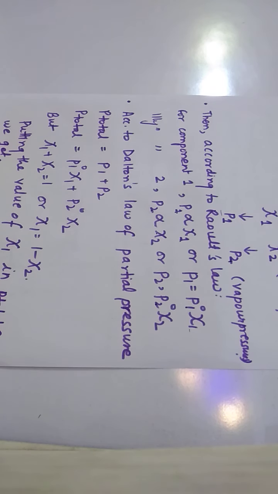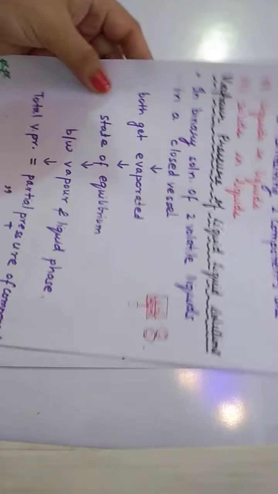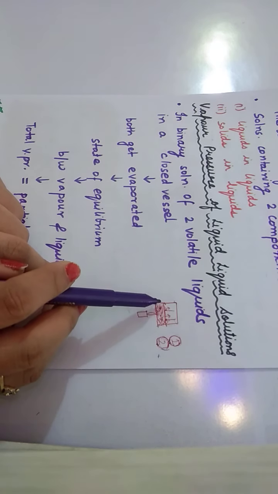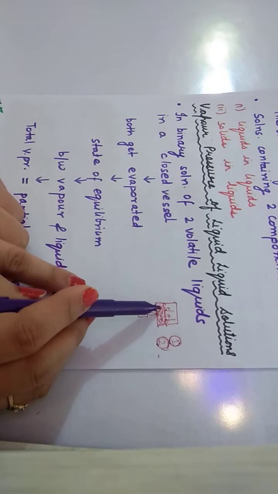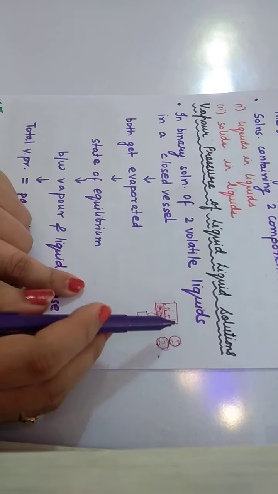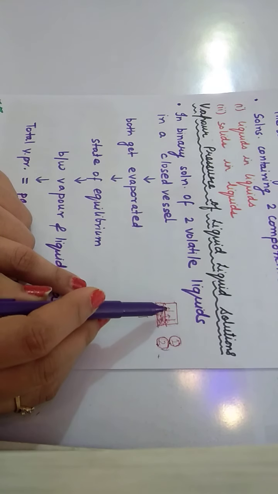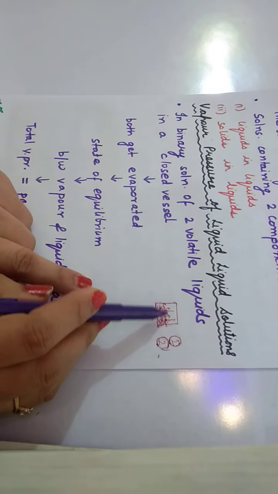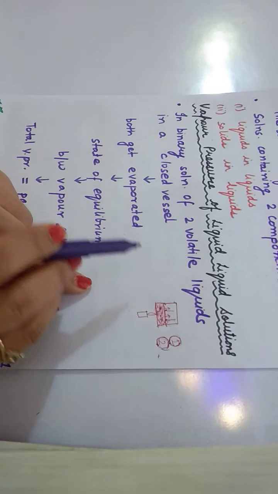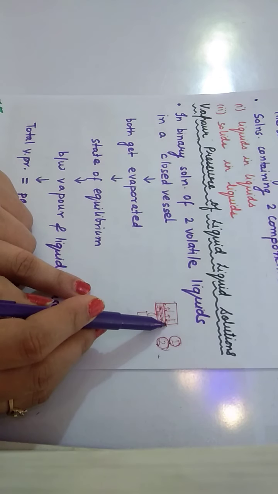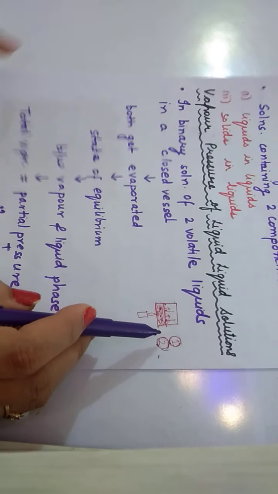Next, according to Dalton's law of partial pressure, as I told you yesterday, if we have a closed vessel in which two volatile liquids are present, then both liquids will vaporize, and the vapors of both liquids, vapor of component 1 and vapor of component 2, will exert a pressure over the surface of the liquid.